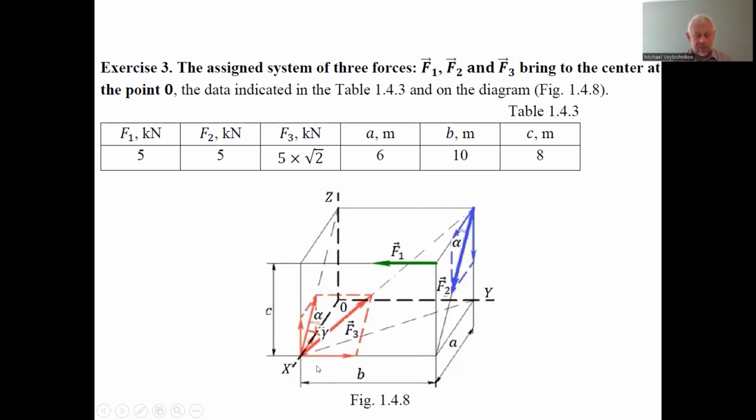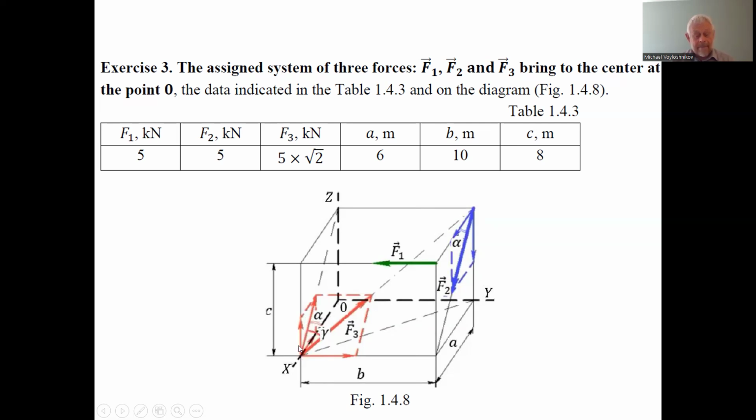This vertical component causes a negative moment because it rotates clockwise, and the arm is A. So the magnitude of F3 we multiply by cosine gamma, found as this first diagonal component of the F3 force, and next we multiply by sine alpha, the angle between the force component in the left rectangle projection on the picture and the horizontal axis alpha.